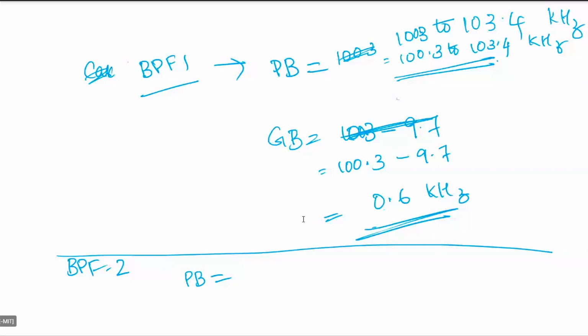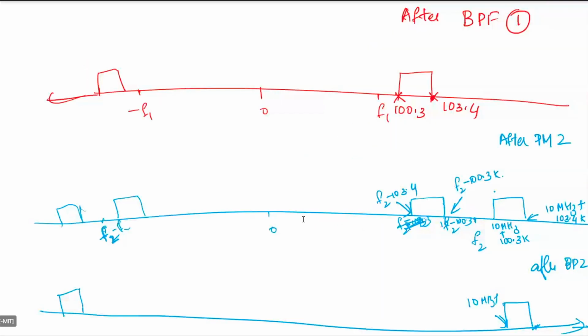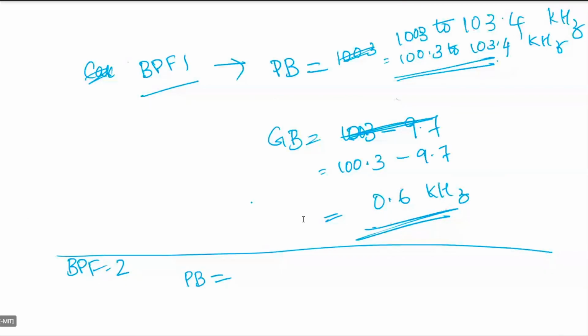Similarly, after the second bandpass filter, see, this should be the pass band of my second bandpass filter, the CD. So that is 10 into 10 to the power 6 plus 100.3 kilohertz to 10 into 10 to the power 6 plus 103.4 kilohertz.